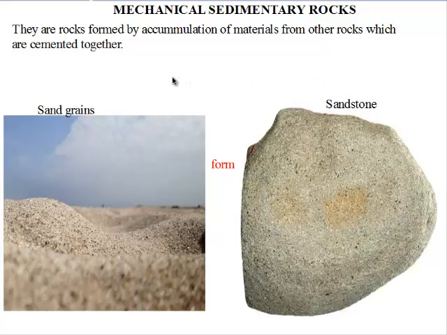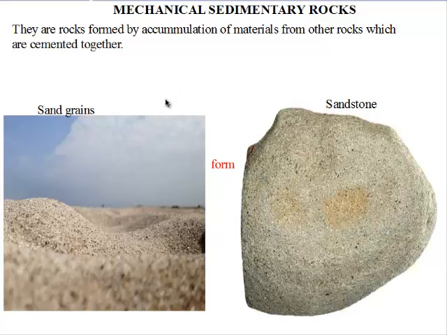So when rocks break down and the broken down pieces or the sediments are cemented together to form another rock, or to form sedimentary rocks, that type of sedimentary rock is known as mechanical sedimentary rock or physical sedimentary rock.